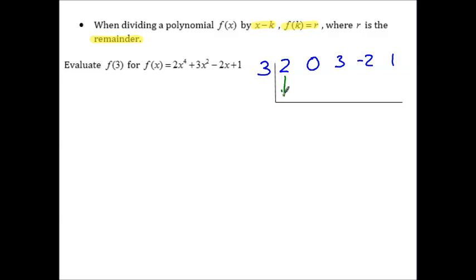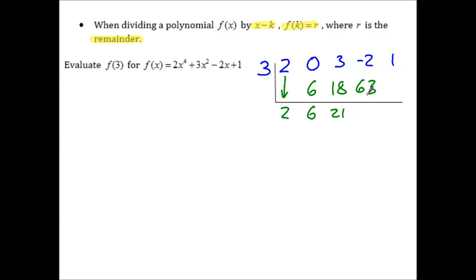So we're bringing down our first coefficient 2, and now we start multiplying the 3 by the 2 to get 6. Add these two together, we get 6. 3 times 6 is 18. Adding 3 plus 18 is 21. 3 times 21 is 63.